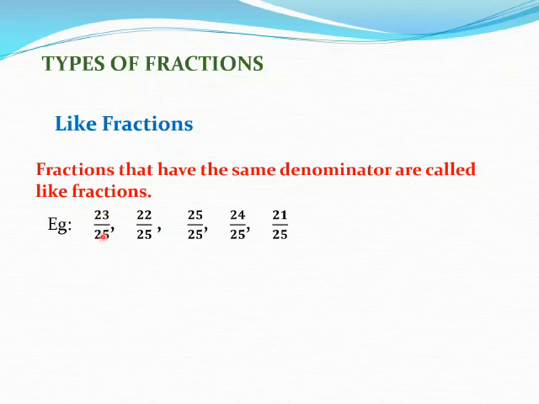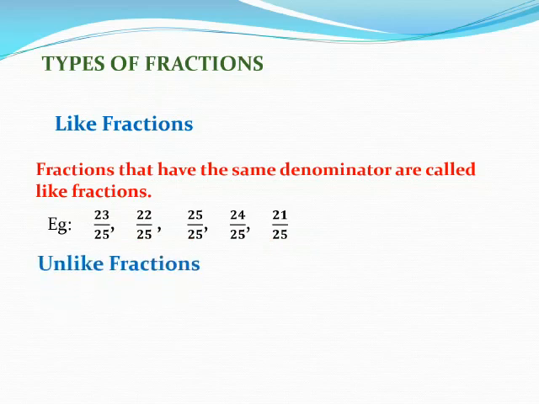Out of 25, you got 23 marks. Like that, in other subjects, scores are 22 by 25, 25 by 25, 24 by 25, 21 by 25. Here, all these fractions have the same denominator. So, they are like fractions.